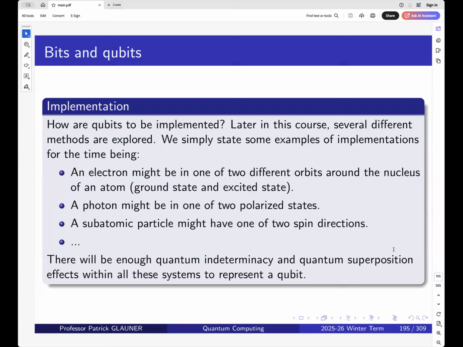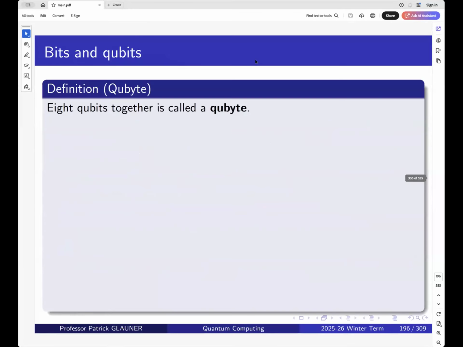And every year, since you have started looking for seminar topics, there are also multiple seminar presentations about specific quantum computer architectures, specific vendors. There are lots of different vendors now, and how they actually build quantum computers in order to represent qubits. So it could be one hint also with regards to the seminar. Now, as we have looked at qubits and bits, you know also what a byte is in classical computing.